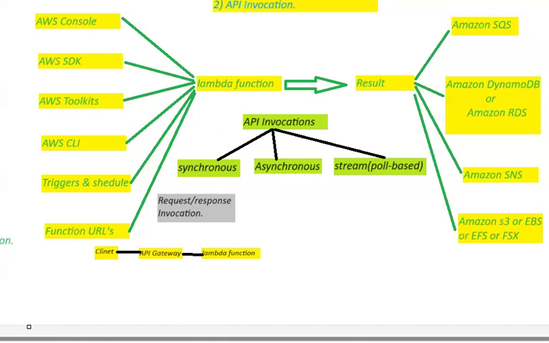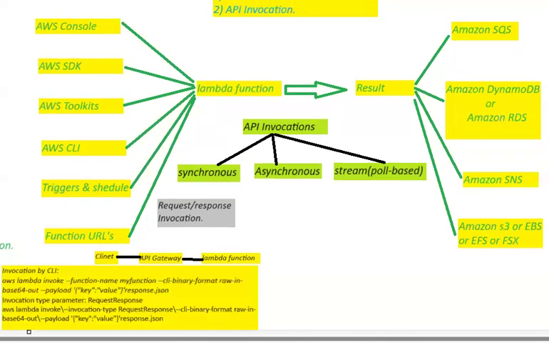In order to invoke a Lambda function synchronously, what is the command that we use? We can invoke a Lambda function by using the AWS SDK or the CLI invoke command. So let us see the CLI invoke command for this. Here, in two ways you can invoke your Lambda function.